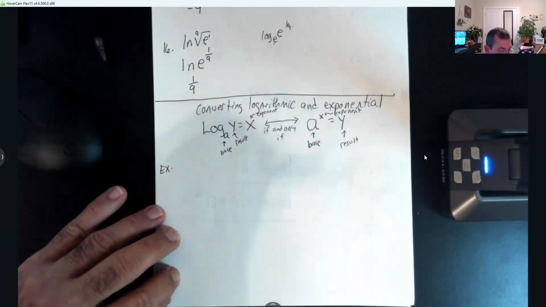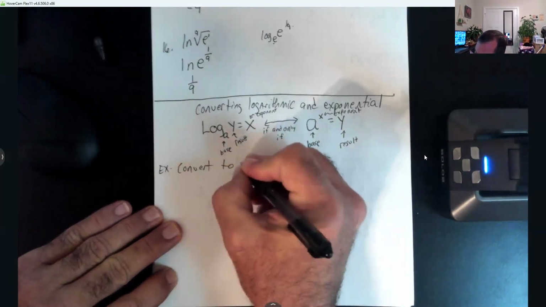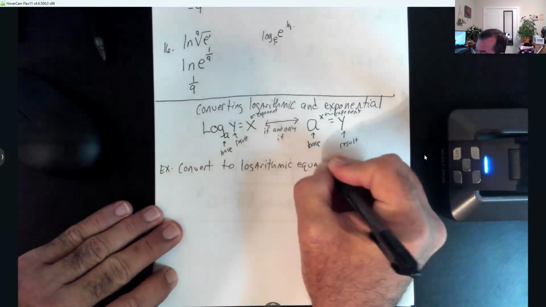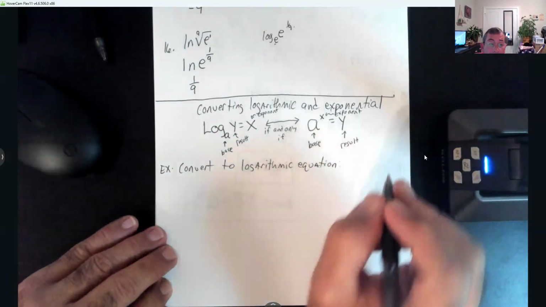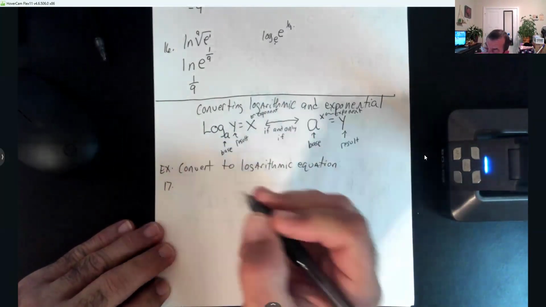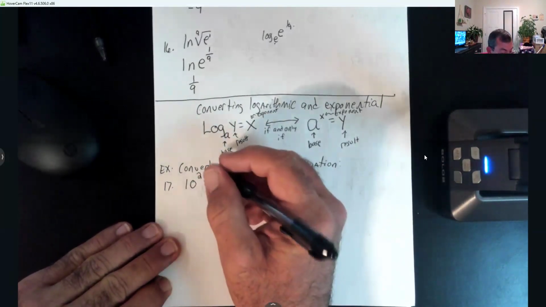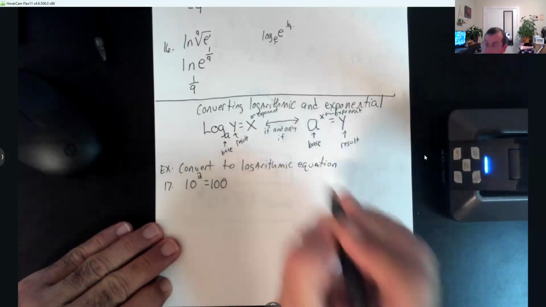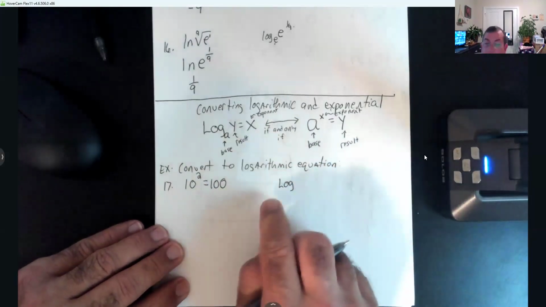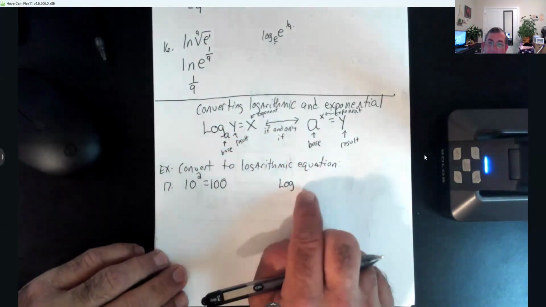So the first few we're going to say convert to logarithmic equation. So they're going to give you the exponential. So these will start around 17. So they're giving me 10 squared equals 100. So we're going to convert to logarithmic. So you got to write log. Now, when you write log, it'll make it bold and highlight it so you know you got it wrote right.